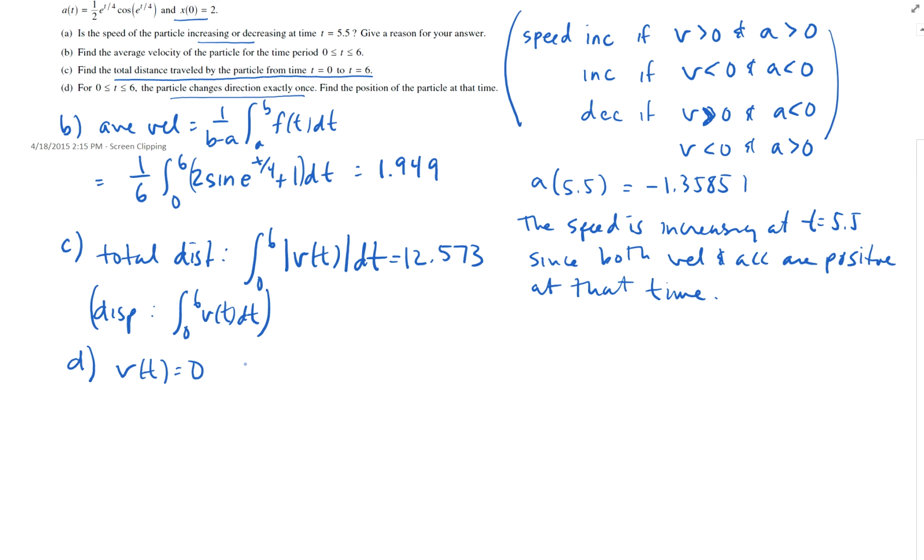I solve that equation: 2 sine e to the t over 4 plus 1 equals 0. And I'm going to go ahead and just graph that and look at that on my calculator. And I will get t equals 5.19522. Not going to round that yet. And so that's the critical point, or that's the point when v is 0.